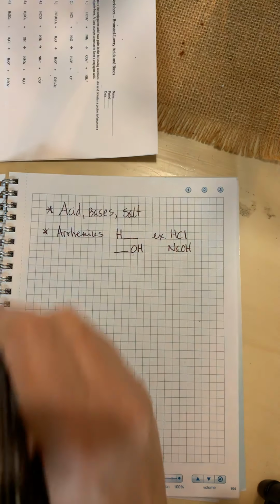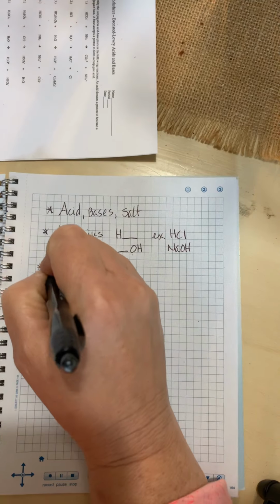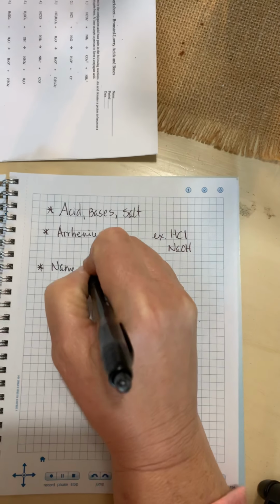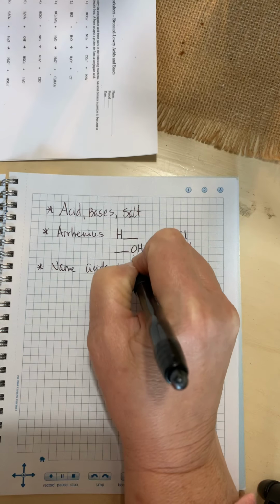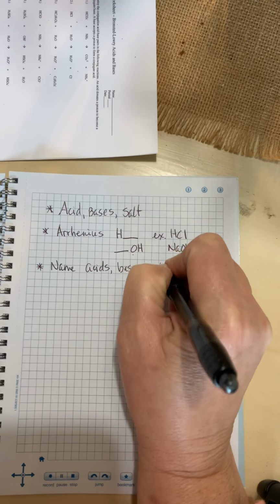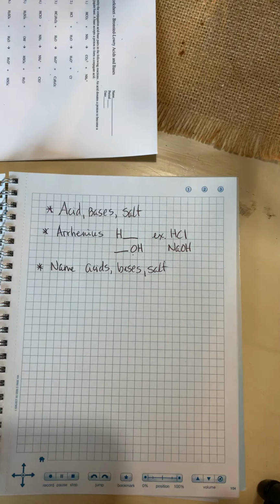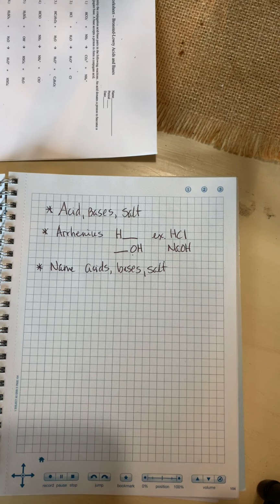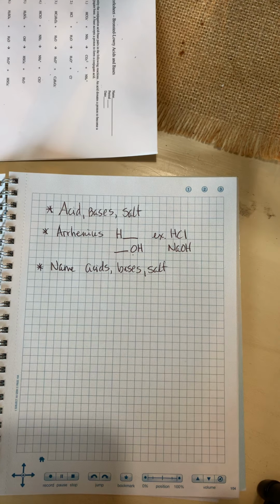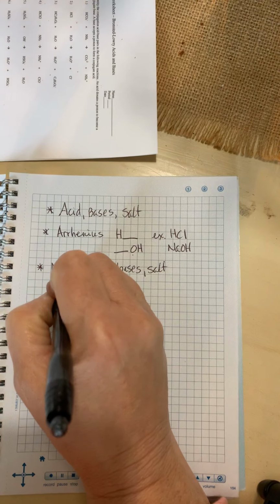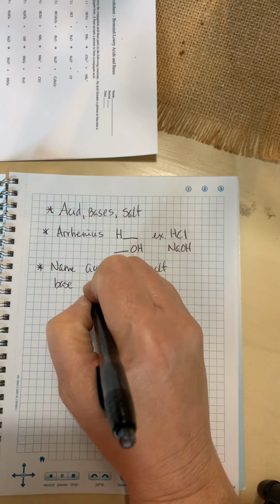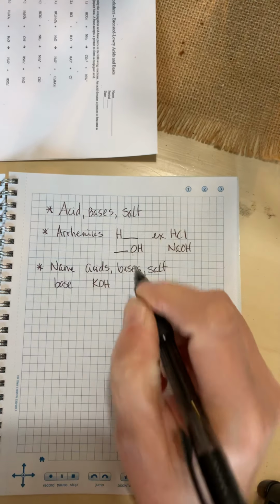You should also be able to name acids, bases, and salts. We already know how to name bases and salts, and those are pretty straightforward, so let's look at those real quick. An example of a base is KOH.